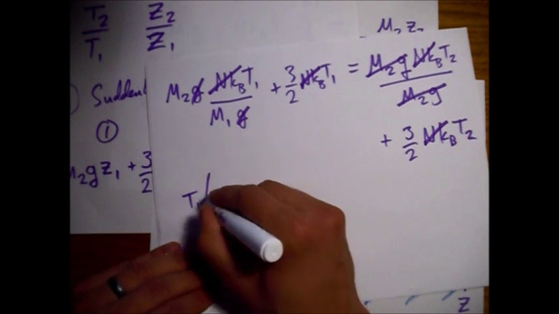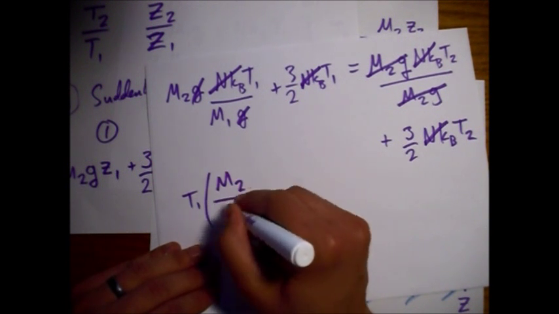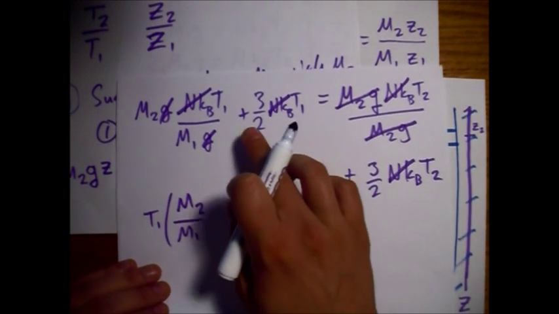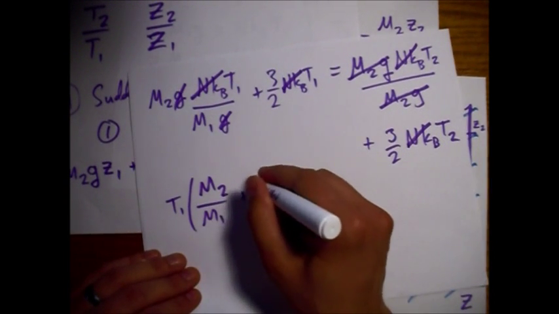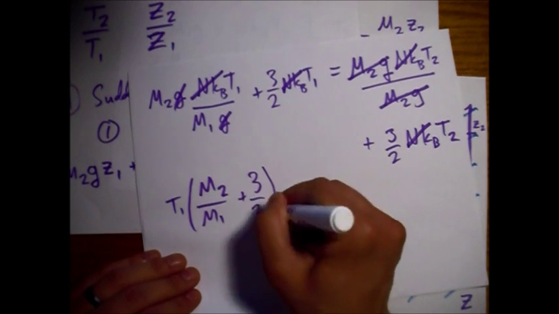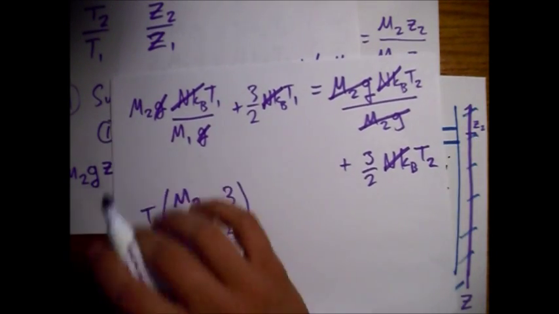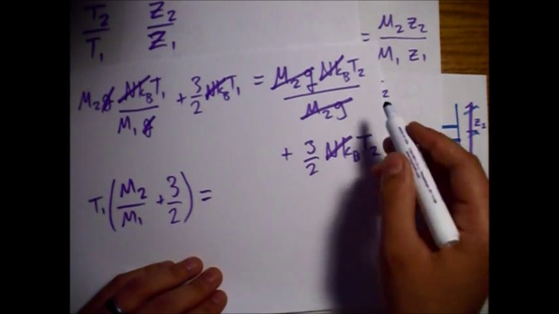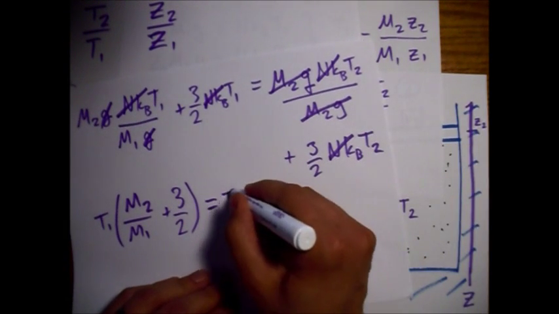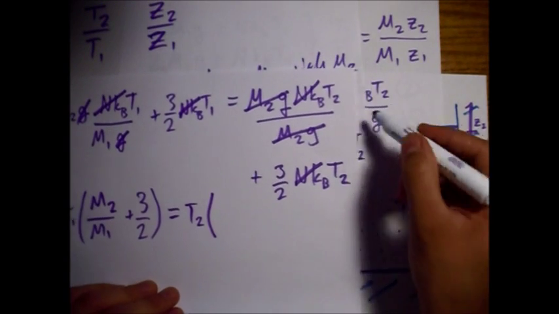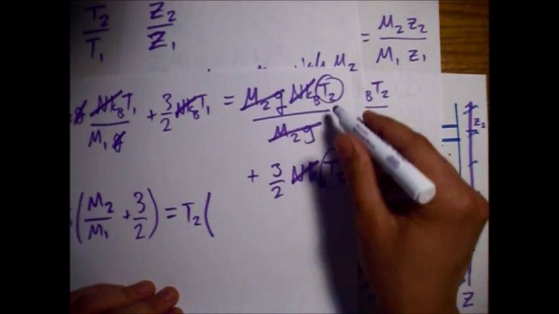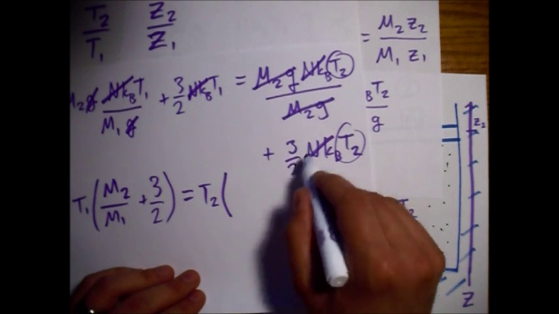We have an M2 over M1 from right here, and a 3 halves left over. So here's our left-hand side. Moving to the right-hand side, we can factor out a T2, and all we have left on this side is a 3 halves.